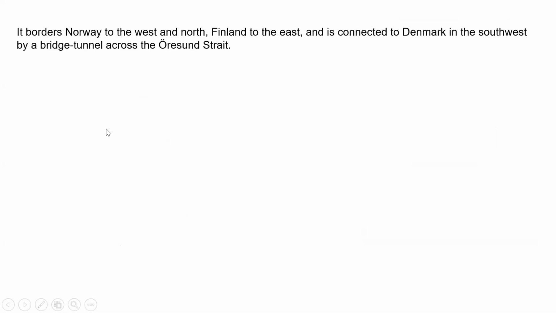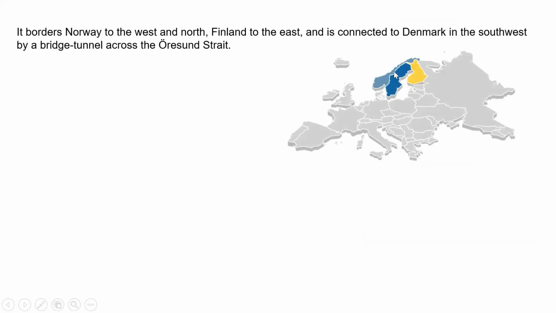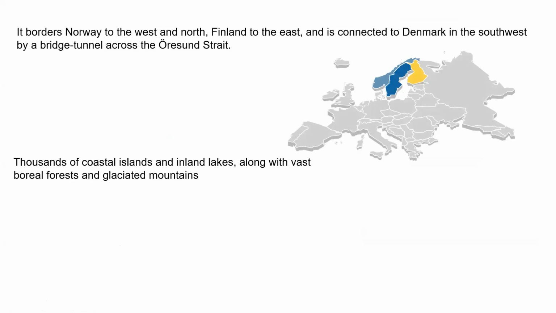The border of Sweden is shared by Norway, as you can see here, to the west and the north, and Finland to the east. It is also connected to Denmark by a strait. The geographical features of Sweden include coastal islands, inland lakes, and glacier mountains. Now this word, boreal forests, comes.